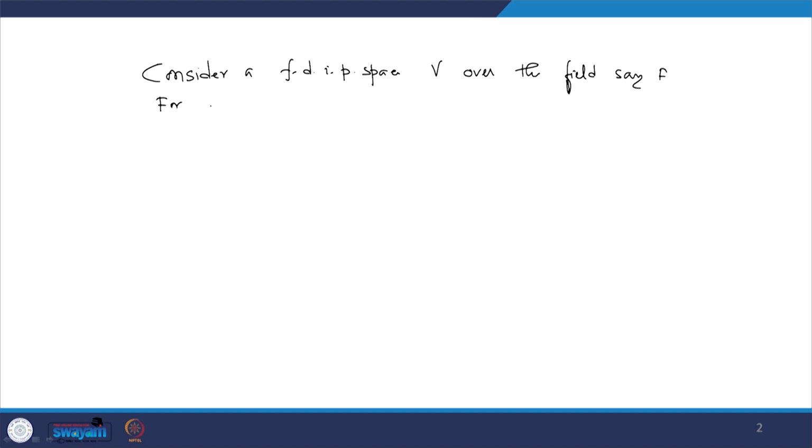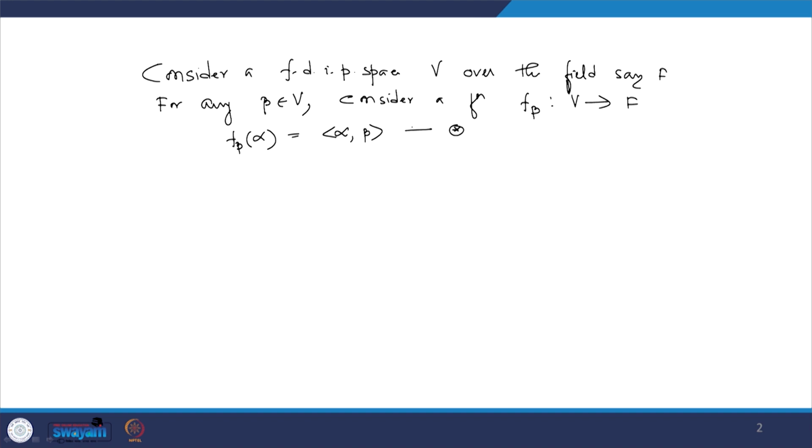For any beta belonging to V, consider a function f beta defined from V to capital F, so that f beta of alpha equals the inner product of alpha, beta.